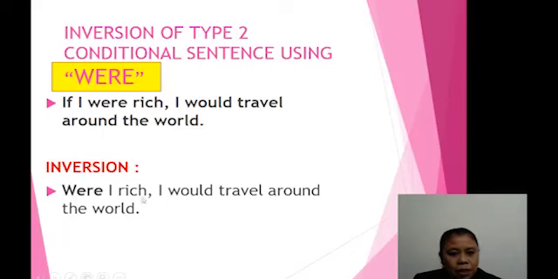"Were I rich, I would travel around the world." So if there is a sentence like this, you do not need to worry because it is a conditional sentence using inversion. Okay, that is type 2 conditional sentence.